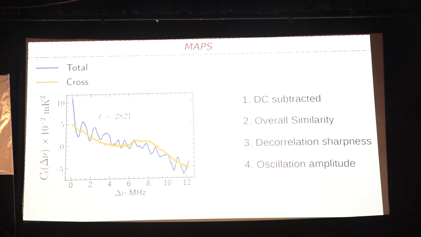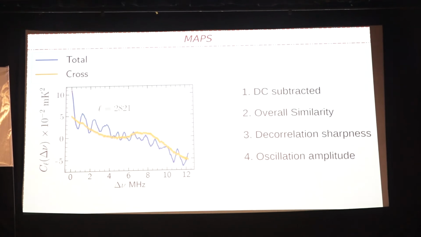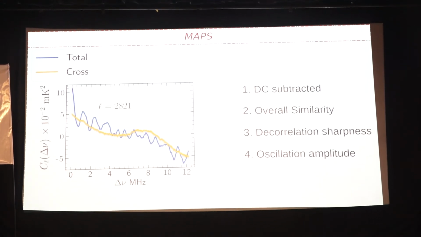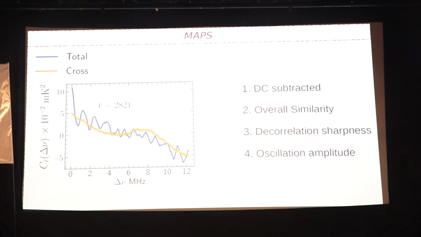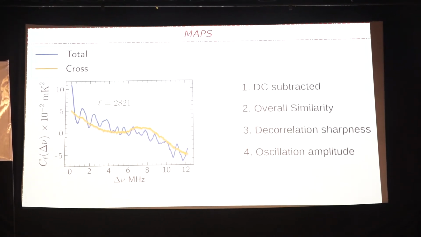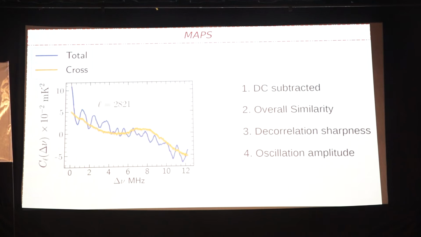We see that there is an overall similarity between these two across the bandwidth, and this is mainly because of the foregrounds. Another thing is that we see a decorrelation starting from Δν equal to 0, where the signal sharply falls. This decorrelation property is different in this cross estimator. We see that this sharply falls, but this slowly falls.